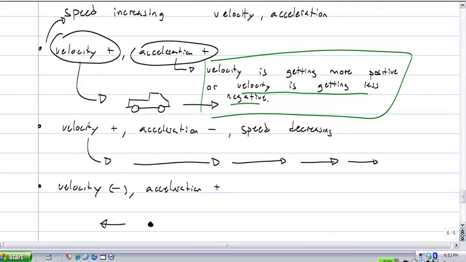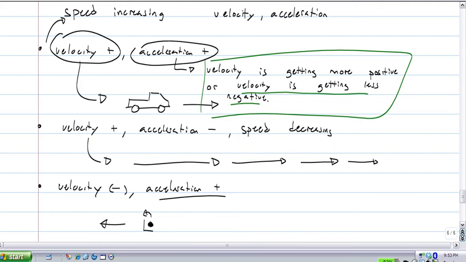So your car is in reverse, and acceleration is positive. Which way are you getting pushed in your seat? So think, are you pushing on the brake? Well, if acceleration is positive, your body is going to be falling towards the back of your seat. Well, if you're in reverse, what's going to push you back in your seat?